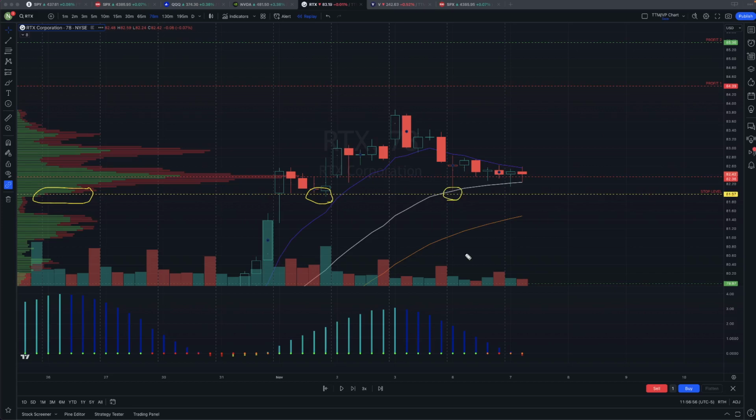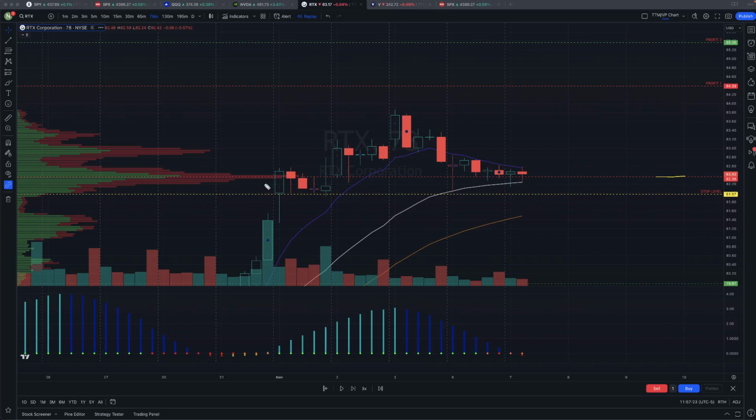So my volume profile level on my chart also shows up when I'm charting. I can confirm that level by seeing that this has acted as support on numerous occasions. And as you can see this red line, we're at that red line.